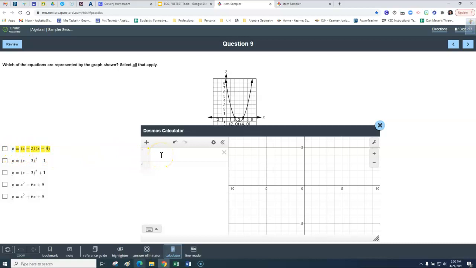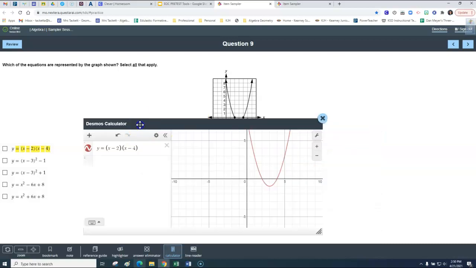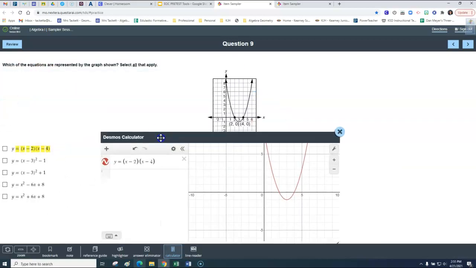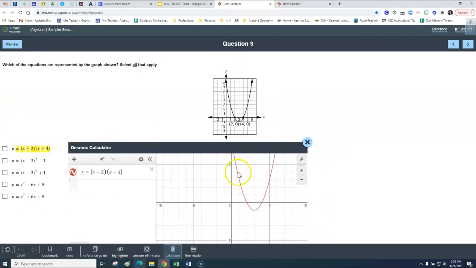So y equals, I need to click on it, sorry, y equals parenthesis x minus 2 parenthesis, and then you start the parenthesis again, and you've got x minus 4. Whenever I look at it, you want it to be exactly the same.